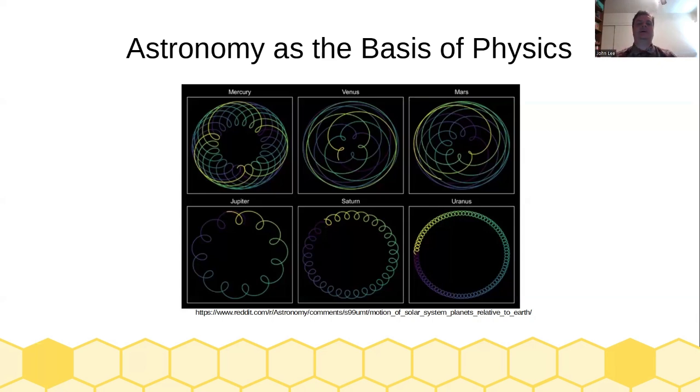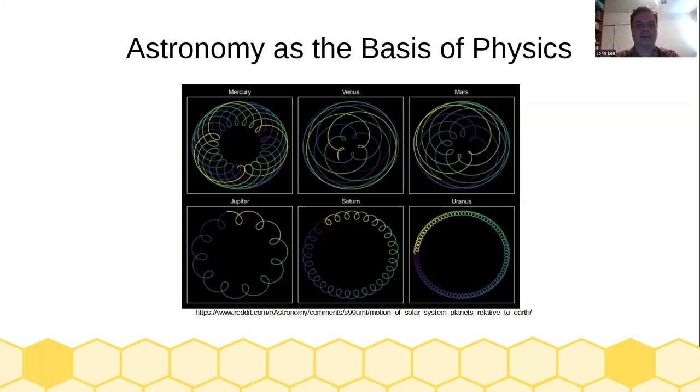Since ancient times, we've been looking at the movement of the planets, and we've been able to predict the movement of the planets as they go about their orbits. But we had the idea that instead of orbiting the sun, these planets all orbited the Earth and had geocentric orbits. Geocentric means that it's centered on the Earth.